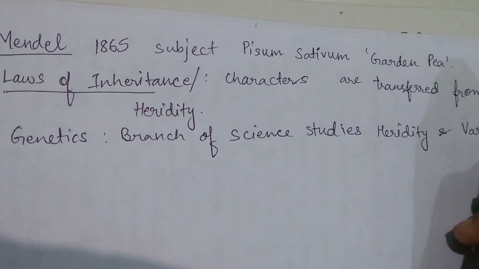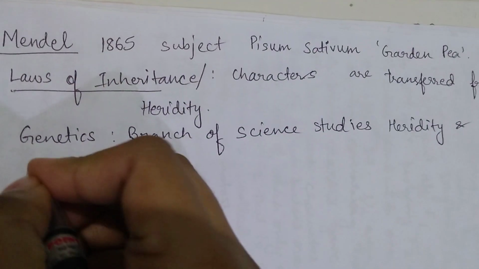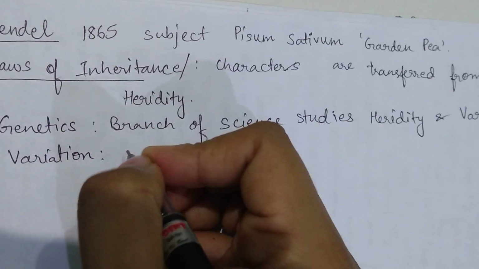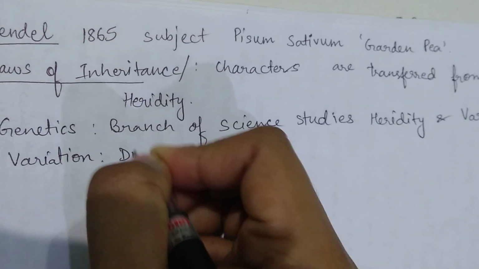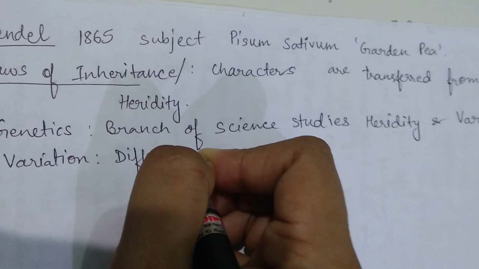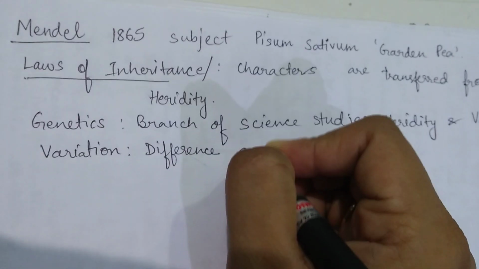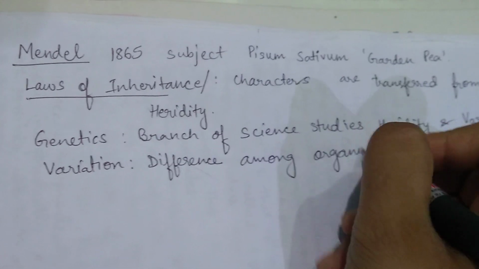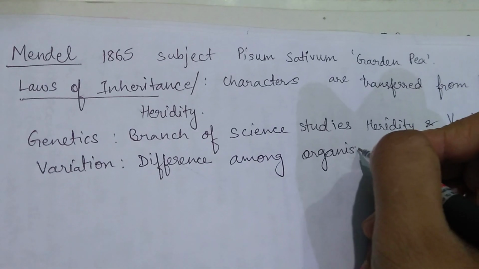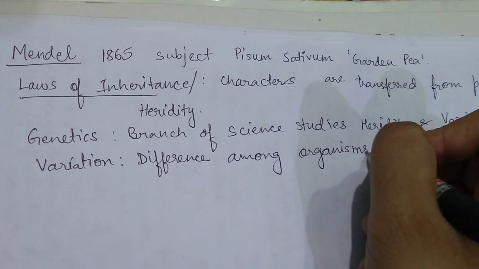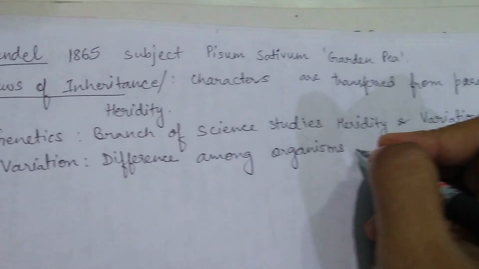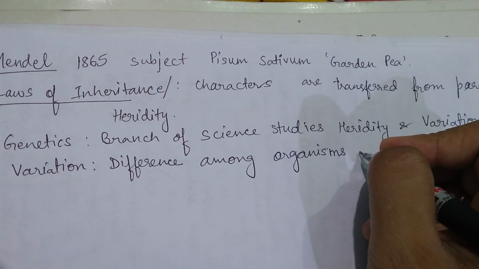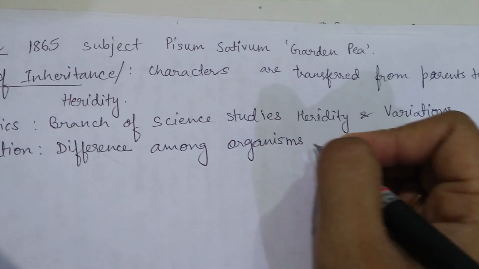Now, what are variations? Variations are the changes between organisms, the differences among organisms. As we all know, the parent is not a copy of the offsprings, and offsprings are not a copy of their parents, and no two siblings are alike except identical monozygotic twins.